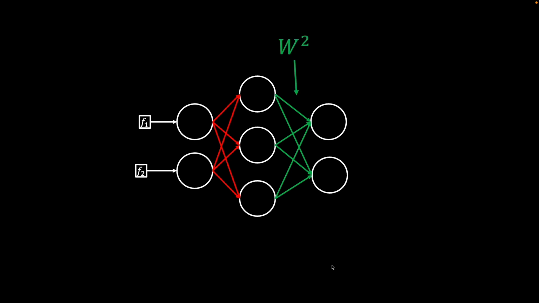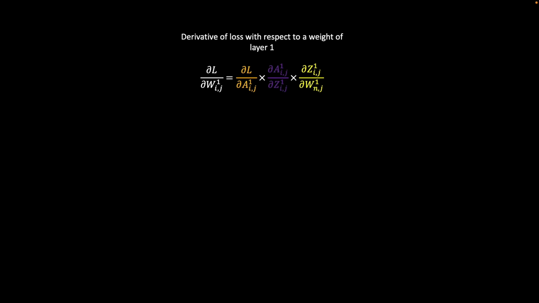Now we need to pass on the gradients to the first layer so we can complete one full pass of backpropagation. Moving on to the first layer, we need to define some expressions to represent the derivative of the loss with respect to the first layer weights and biases. So, the derivative of the loss with respect to W1 is equal to the derivative of the loss with respect to A1 times the derivative of A1 with respect to Z1 times the derivative of Z1 with respect to W1.